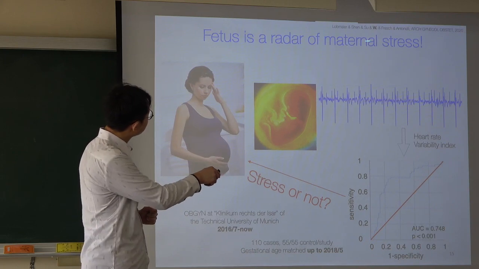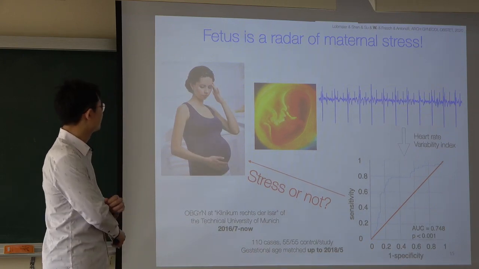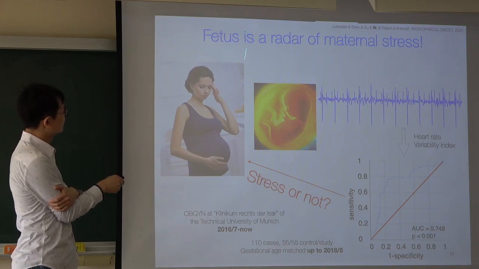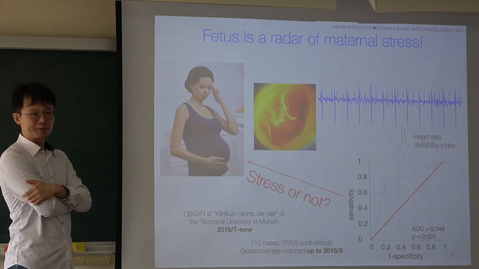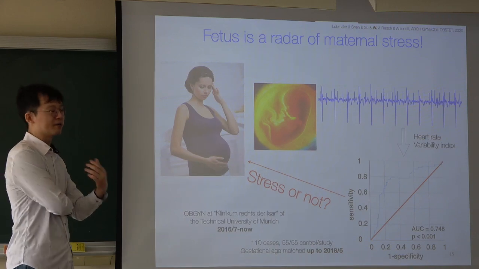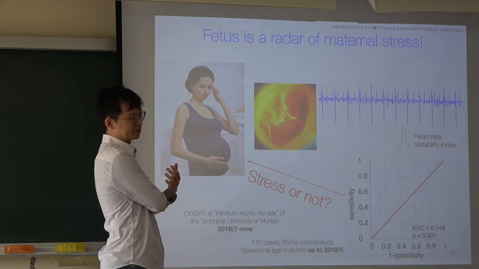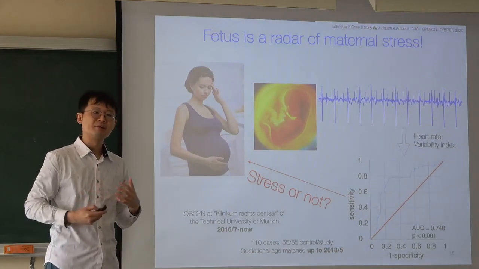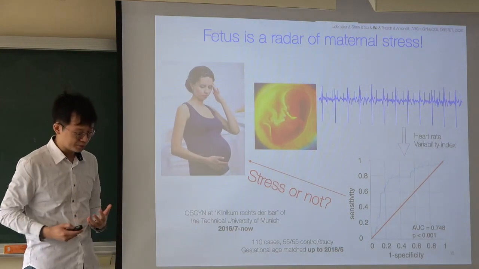So the clinical paper is this one. And the focus, as you can see, is that we try to use the fetus as a radar of maternal stress. When a female is pregnant, sometimes they may develop some depression because of many physiological stresses.